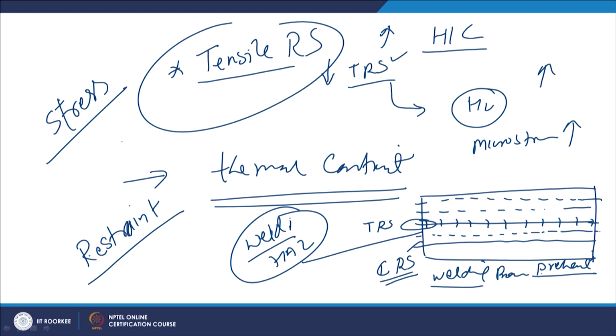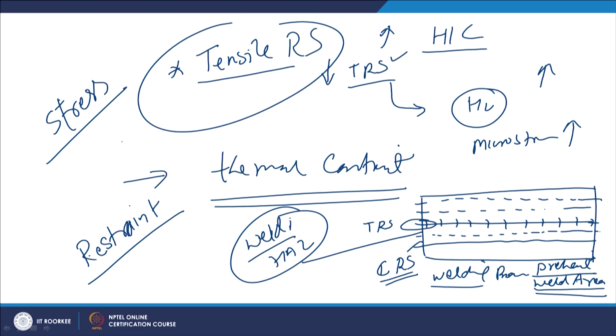Then the groove preparation or edge preparation, so that will be affecting the weld area or the volume of the weld metal being deposited. In general, greater is the weld metal volume, greater will be the residual stresses due to the increased magnitude of the expansion and contraction. So, the residual stress magnitude in general increases with the increase of the weld area.